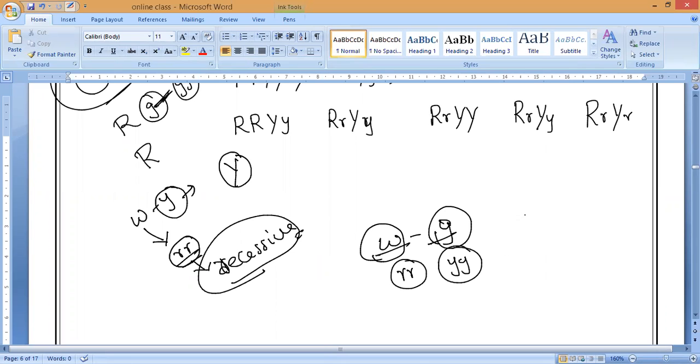The F2 generation dihybrid ratio is 9:3:3:1. This is what we call Mendel's dihybrid ratio. We all completed this, and once again I made it everything because you have to learn. This is a very, very important concept for our board exam also.